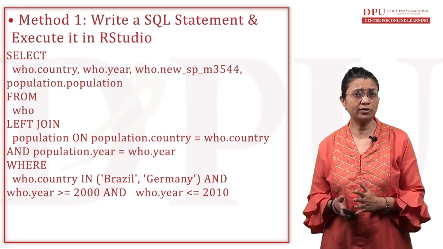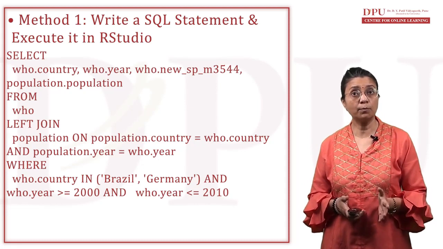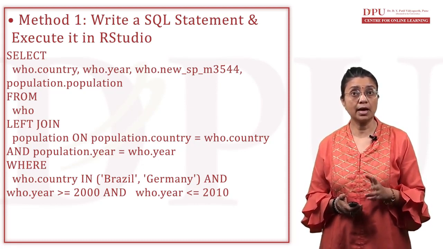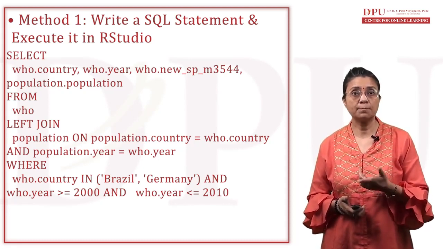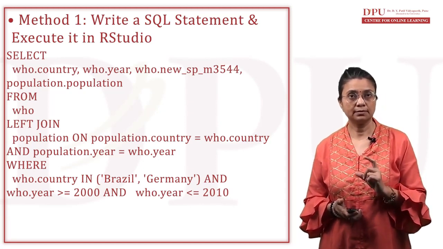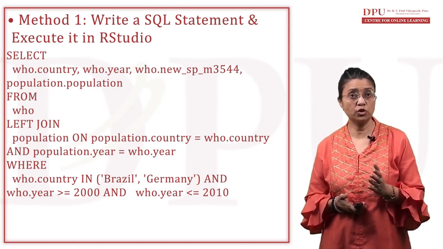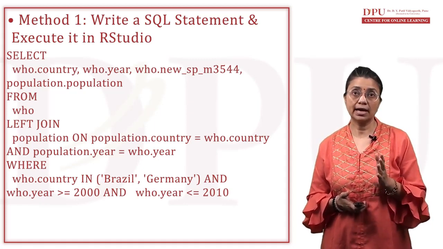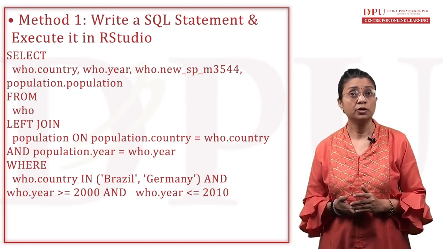So wherever there is a match of population.country equals who.country and population.year equals who.year, which means that when the year is the same and the country is the same, in that case, I have to join the records. So in simple words, I'm joining who with population, and the condition is that population.country has to be equal to who.country and population.year has to be equal to who.year.